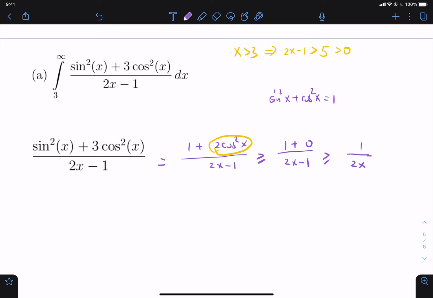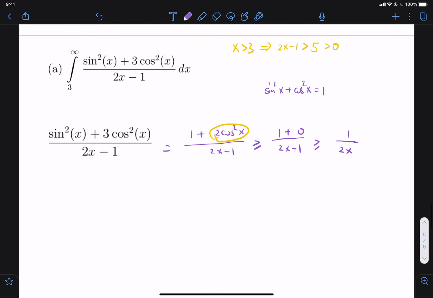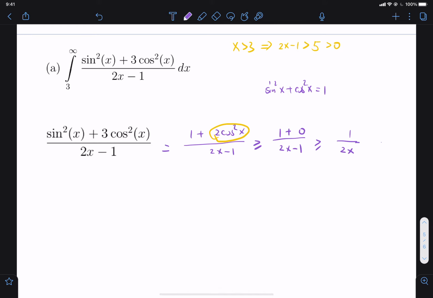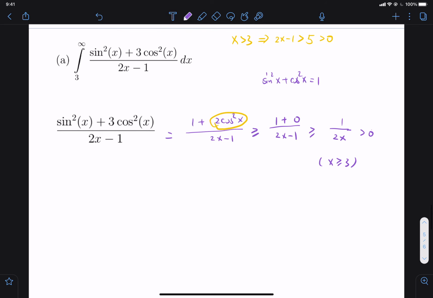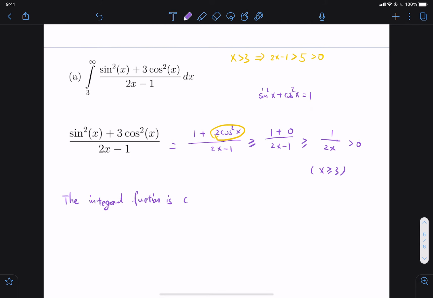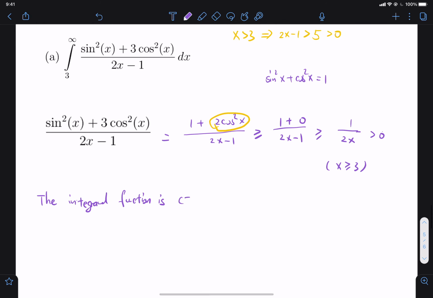So now we fill in the details after this. This is greater than 0, for x greater than or equal to 3. And now we say that the integrand function is continuous on this interval 3 to positive infinity, right?